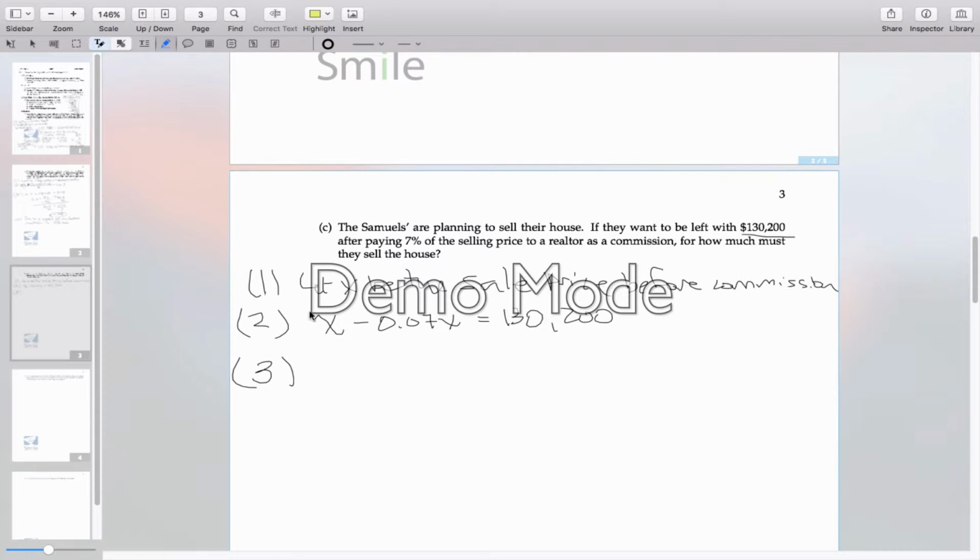Now I want you to notice that there's a coefficient of 1 on this X term and a coefficient of 0.07 on this term. So when we combine these like terms, we subtract 0.07 from 1 and we get 0.93x equals 130,200. And now we divide by 0.93.